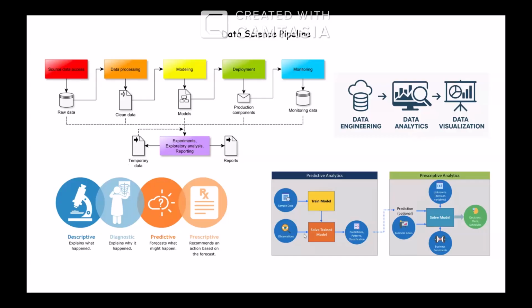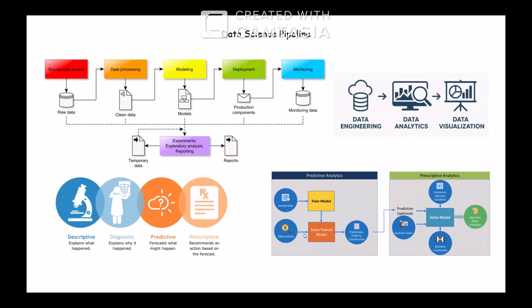So that is the second phase, data analytics. The third one is data visualization, where we communicate the insights we got from analytics to the end users. There we can use different graph plotting mechanisms or visualization tools to make it more convenient.